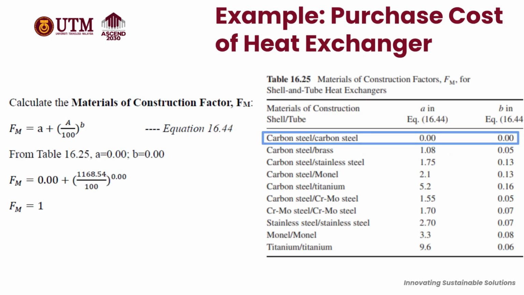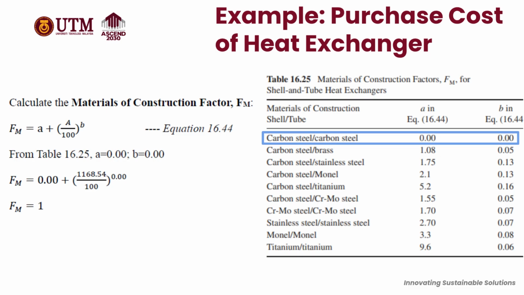Then we can calculate the material of construction factor, Fm. We are using equation 16.44. And to solve this equation, we need to use table 16.25. And then we can see that there are several different types of material of the shell and tube. If we are using a different type, we need to choose the corresponding material and choose the A and B values and then plug into the equation.